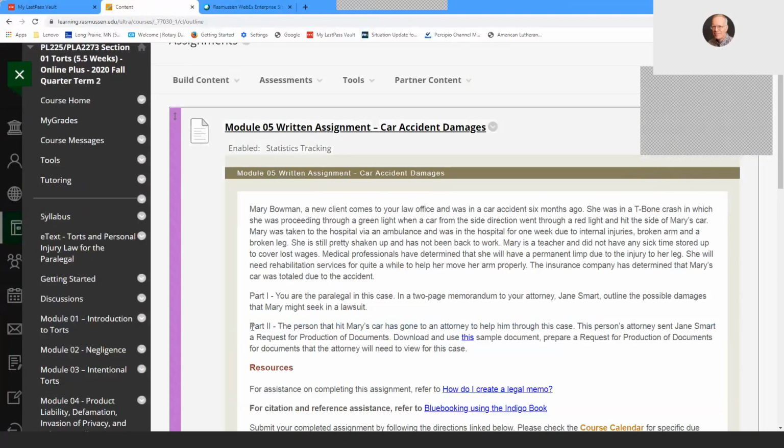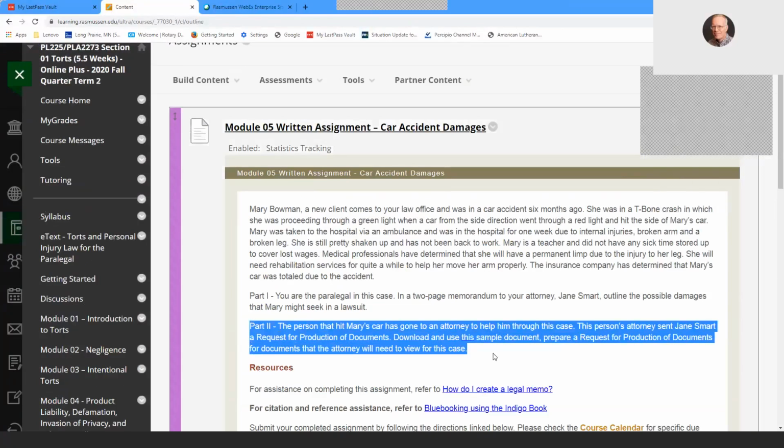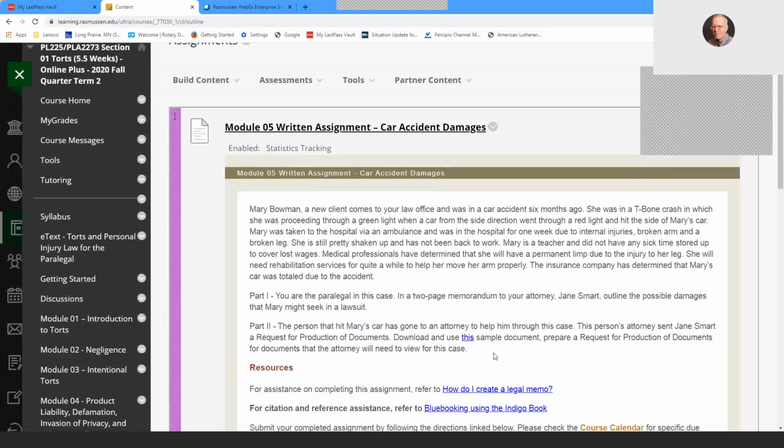So this is because they're not going to take Mary's word. Mary says, "Well, my medical bills were $90,000, and there'll be another $130,000 before I'm done." The person that hit the car has gone to an attorney, probably one that's paid for by the insurance company.